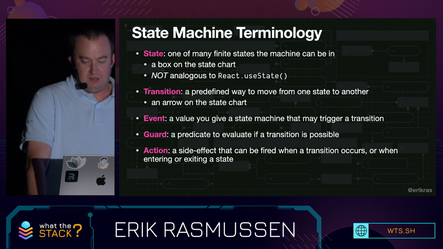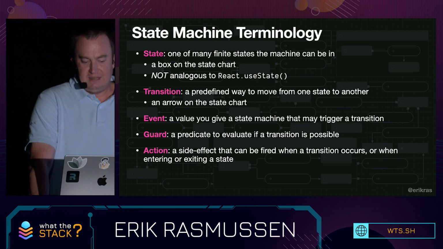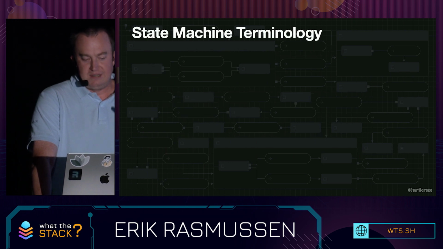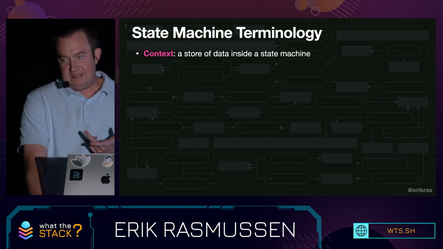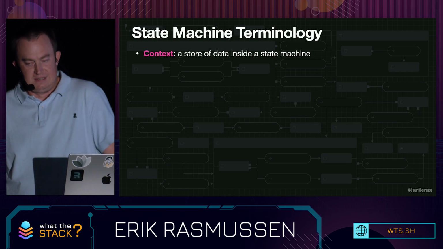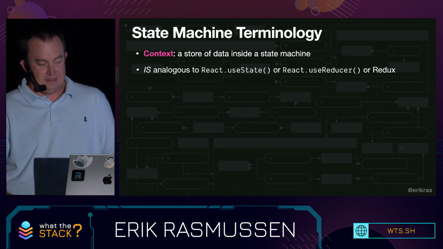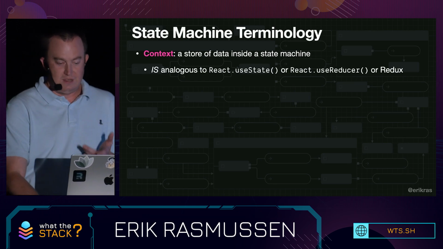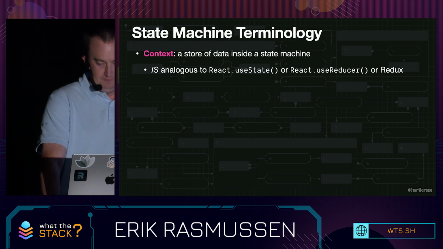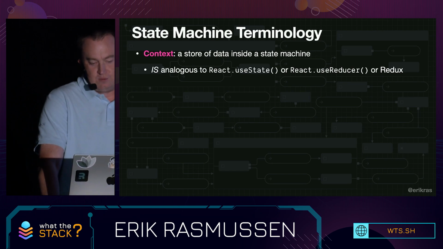One of the most common actions is to update a value in the state machine's context. Context is a store of data inside the state machine, and this is analogous to useState or useReducer or Redux. It's just a place where you can put information.